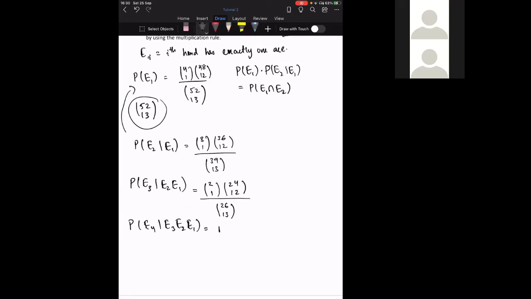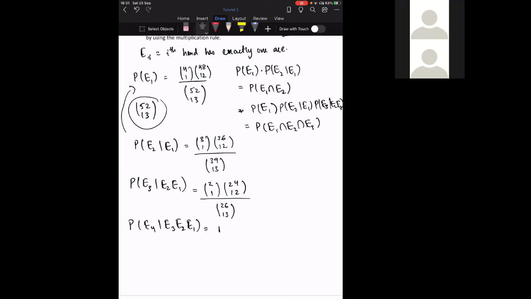Similarly, if I multiply E1, E2 given E1, and E3 given E2 and E1, I would get the intersection of all three, which is E1 intersection E2 intersection E3, and so on.